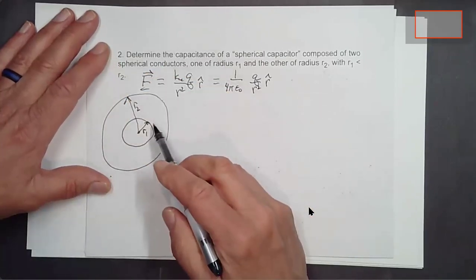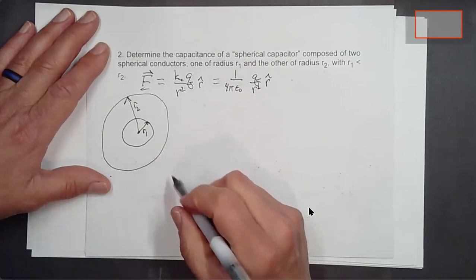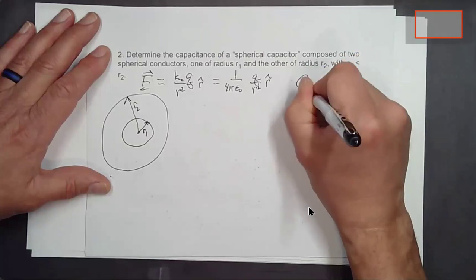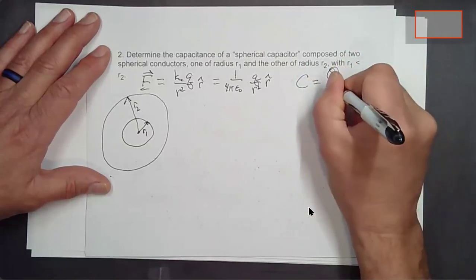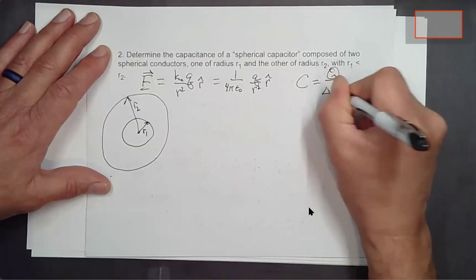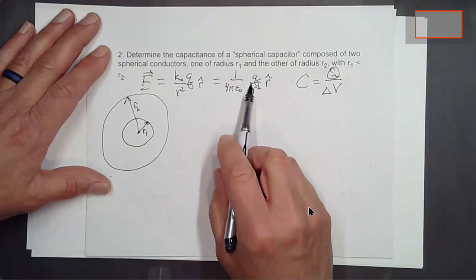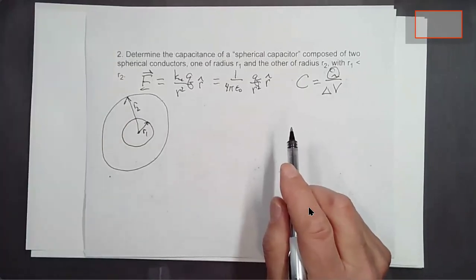And I can calculate the potential difference between these things just like I did on the previous one, because for figuring out the capacitance, it's going to equal how much charge we have on something divided by the potential difference between the two parts. So I'm going to switch from a lowercase q to a capital Q for my amount of charge.